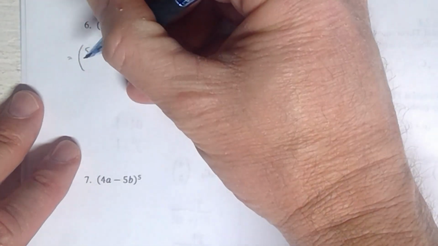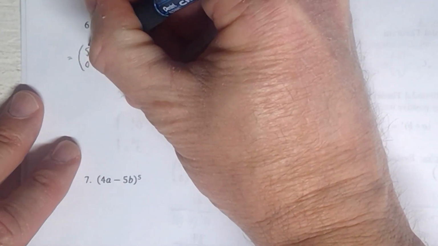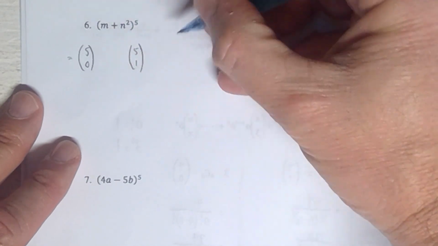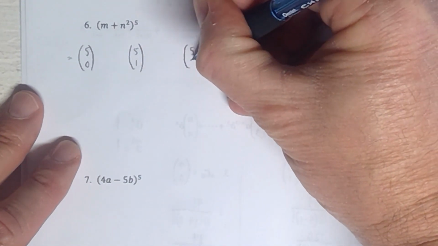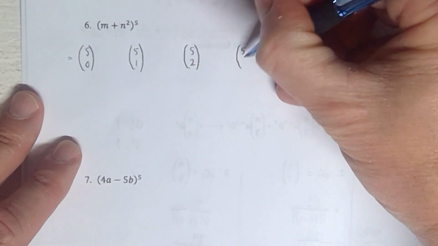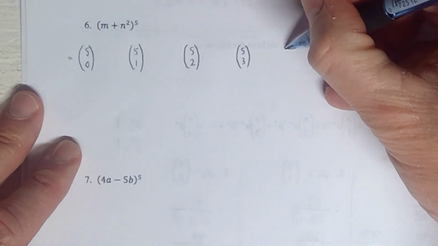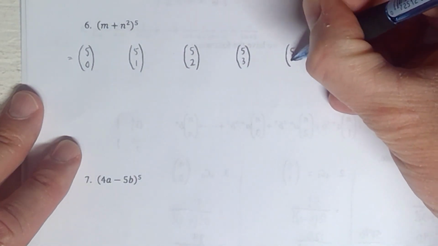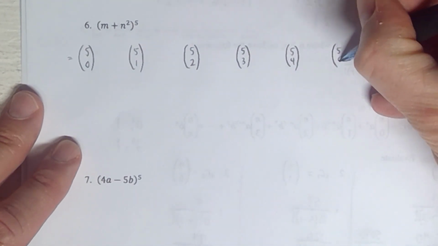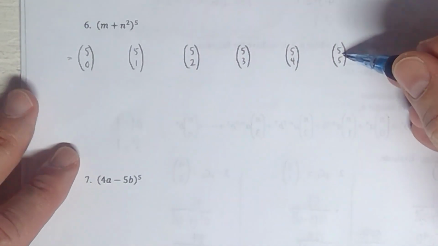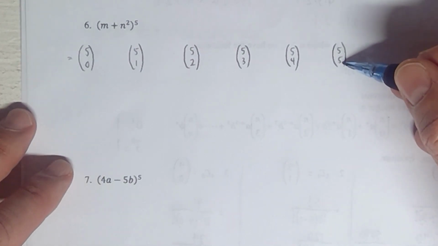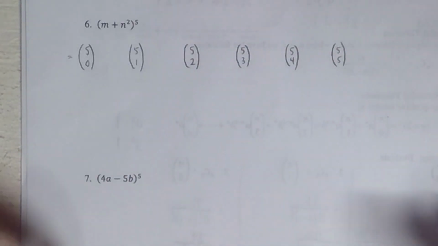We're going to have 5 choose 0, 5 choose 1, and then you just keep on going, 5 choose 2, and you keep on doing this until you get to 5 choose 5. Again, leave some space in between each one to fill in the rest of the information, just like we did in the last problem. And you stop when the two numbers are the same, just like in the last problem when we had 4, 4. Okay, so that's the skinny brackets.